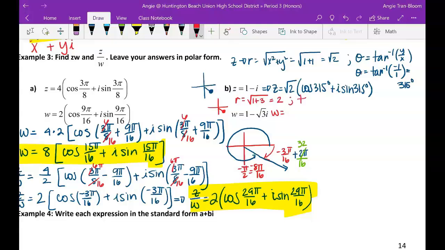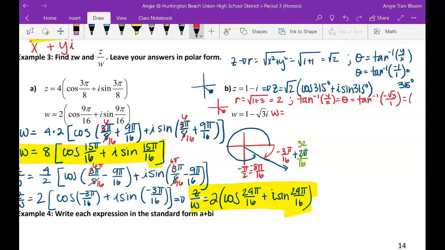I will now attempt to find theta. Theta is always tangent inverse of y divided by x. So tangent inverse of y, which is negative root 3, over x, which is 1. We're in quad number 4. If you put this in your calculator, it would totally give you a negative answer. Yes, it will give you -60. But we can't have a negative angle for theta.